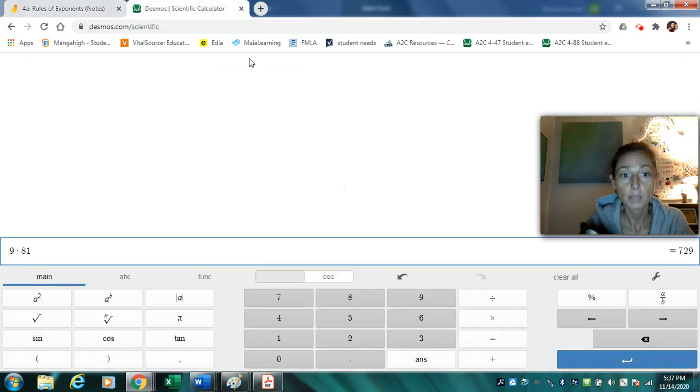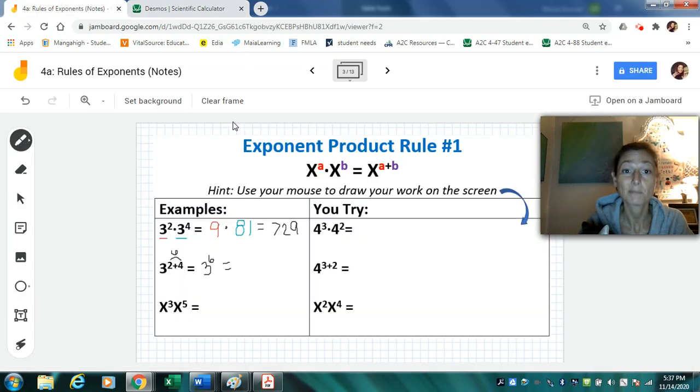So I go over to my calculator, 3 to the 6th power, and I also get 729. So this is one of those cool shortcuts that you can do with exponents. And it's helpful, especially when you have really large exponents, for simplifying problems.